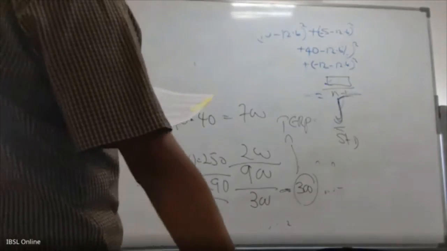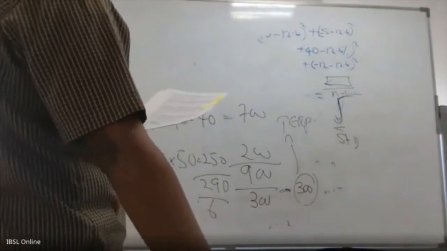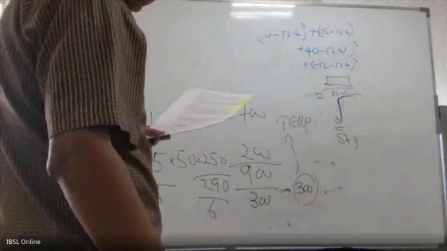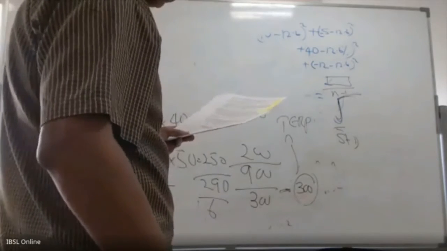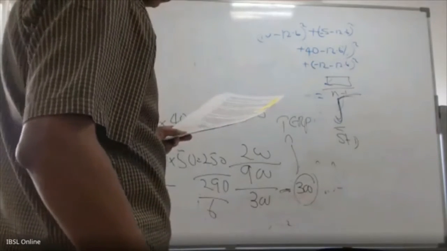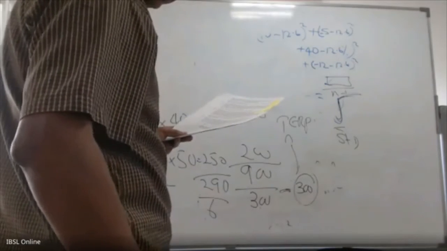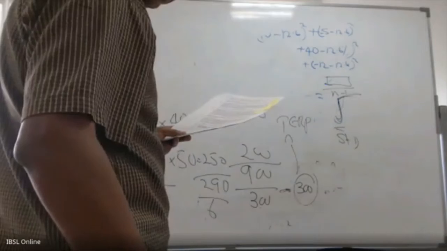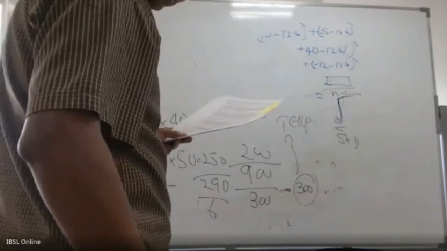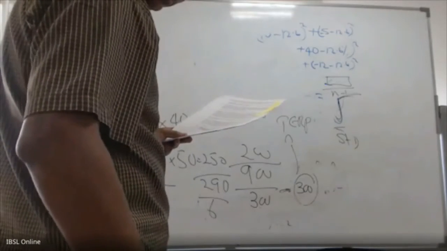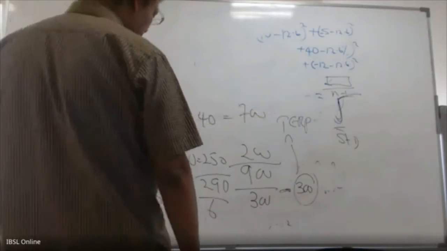So 290 divided by 6. So how is it finding? 48 point something.